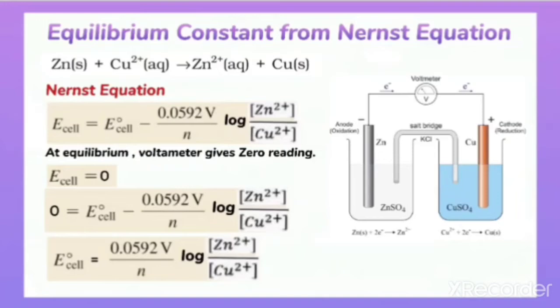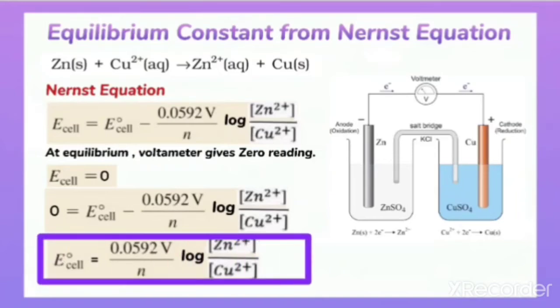This is the equation of this Daniell cell at the equilibrium stage, because here E cell is equal to 0, as the reading in the voltmeter is shown as 0.